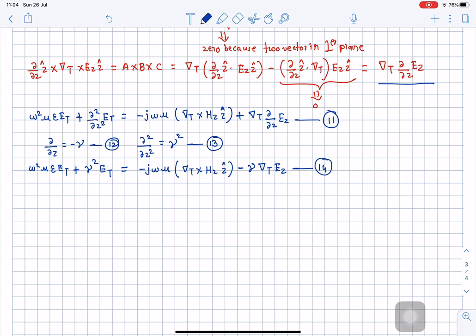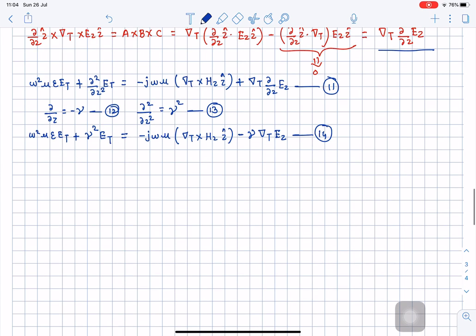Okay, so on the left hand side take the common term from the first two terms. E of t is common, so I will take E of t common times the bracket omega square mu epsilon plus gamma square. On the right hand side I will write as it is, minus j omega mu del t cross Hz z cap minus gamma del t Ez.